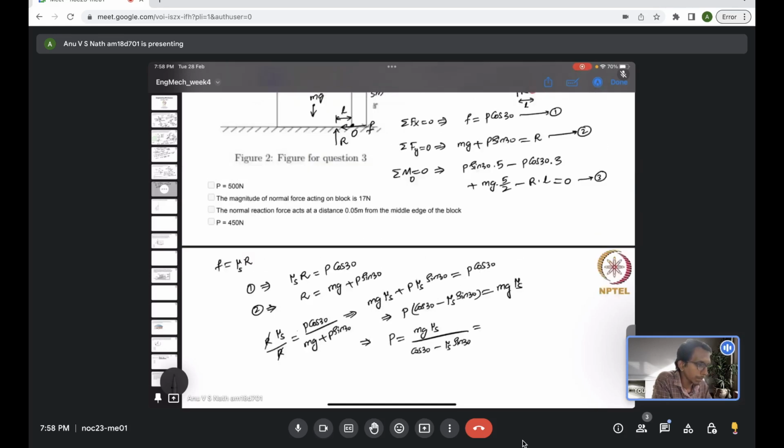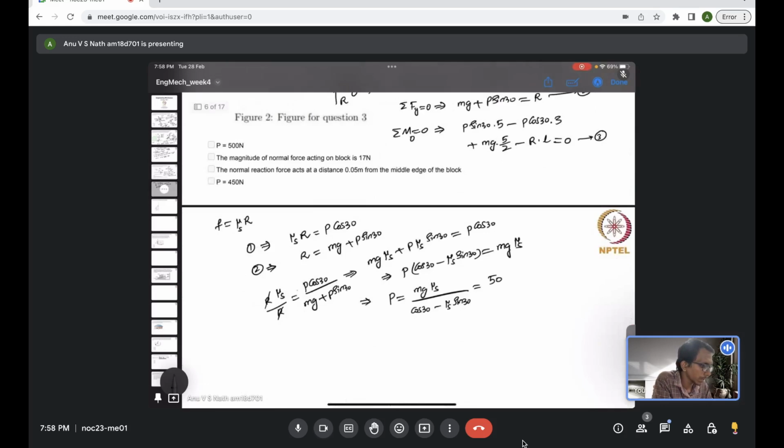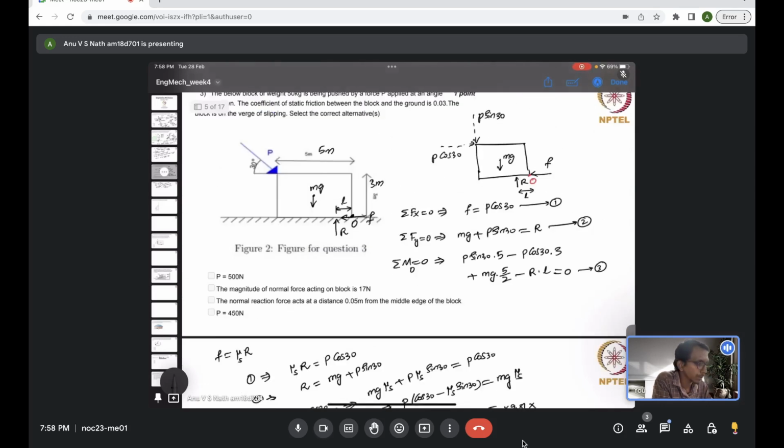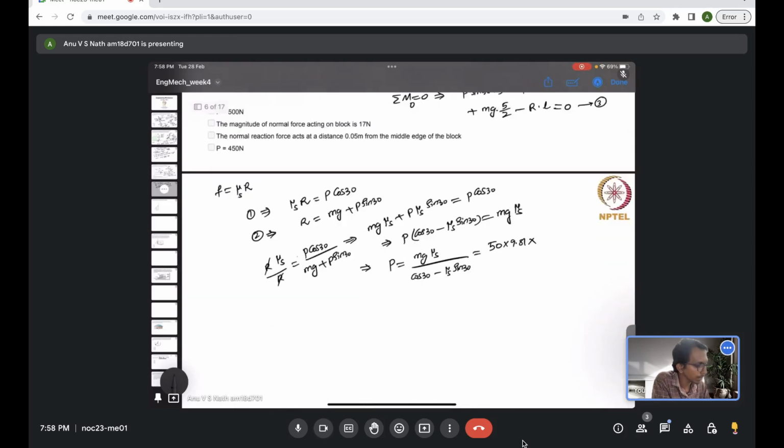And we have m given, which is 50 kilogram, so it is 50 times g, 9.81, times mu s, the coefficient of static friction, which is given to be 0.03 between the block and the surface, divided by cos 30.